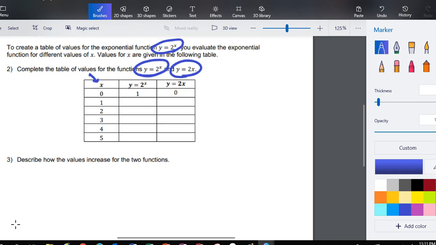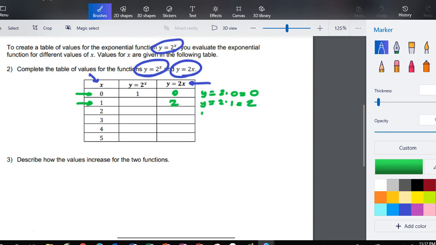I'm going to start with this one. In other words, we're going to have y equals 2 times whatever our x is, and in this case it's a 0. And so I get 0. That's why 0 is written right here. I'm going to repeat the process. 2 times, well, now it's 1.